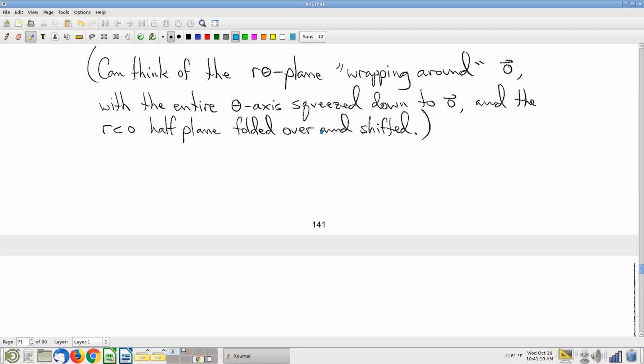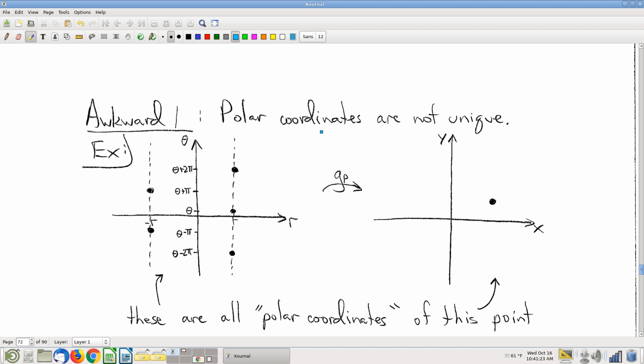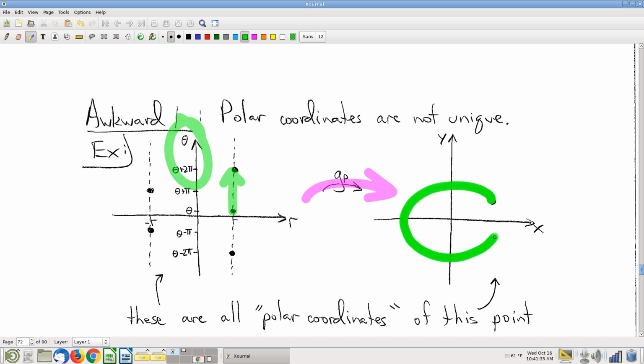All right. So we've already talked about the non-uniqueness. So again, thinking about polar coordinates as a function, notice that adding 2 pi to the angle, see, I'm adding 2 pi to the angle, this takes you around a loop, gets you back to the exact same point. Right.